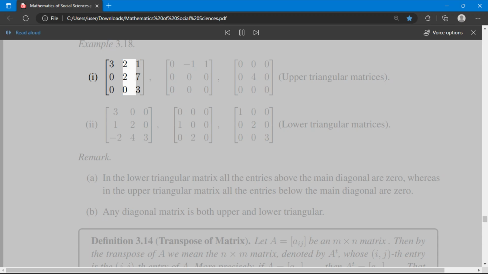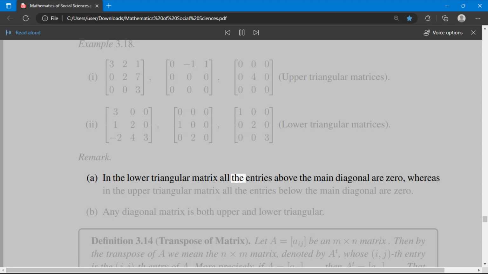Example 3.18. Upper triangular matrices and lower triangular matrices.